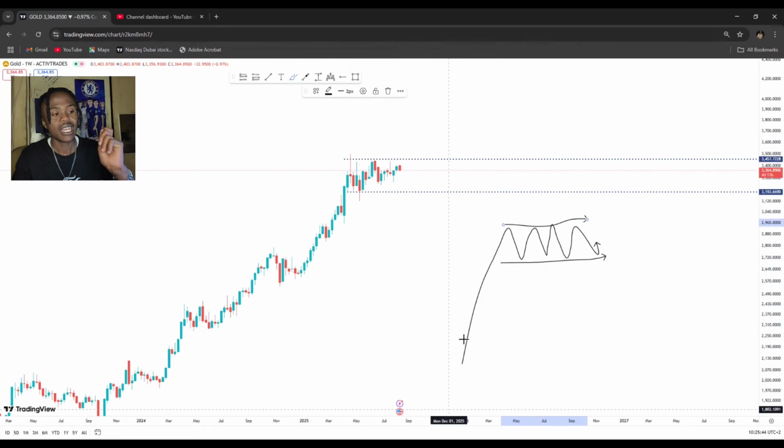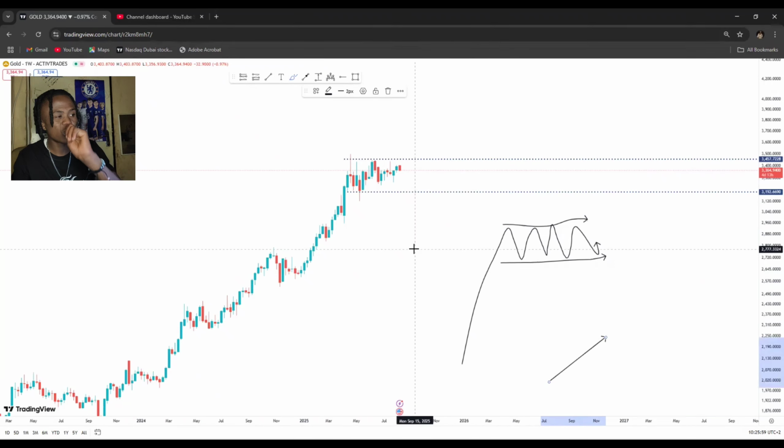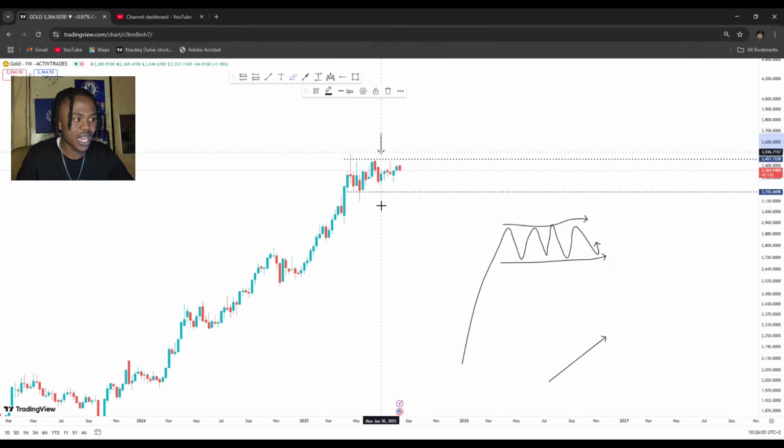With price holding a range after an impulsive push to the upside, in most cases there's a high possibility that price will continue moving to the upside in the direction it has been on. There's a high chance that with this range price might have a push to the upside.